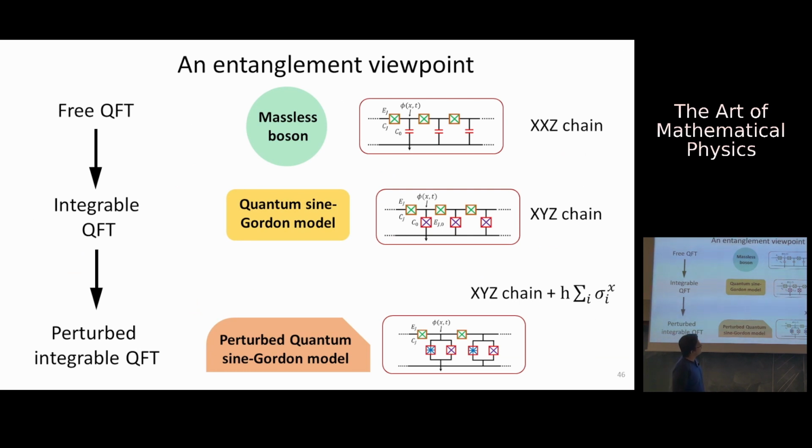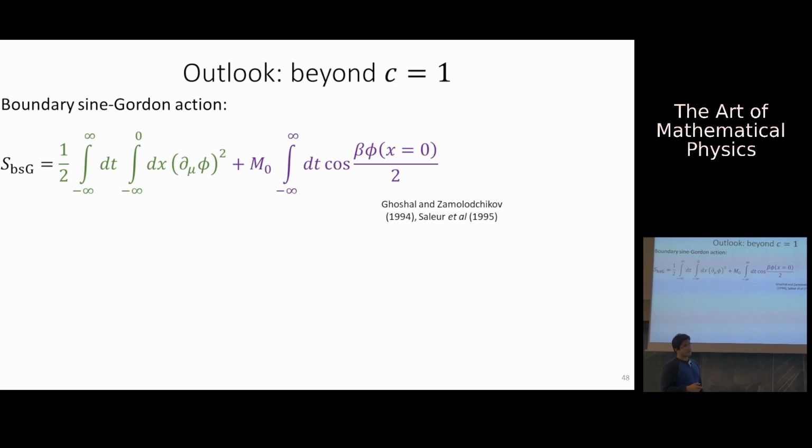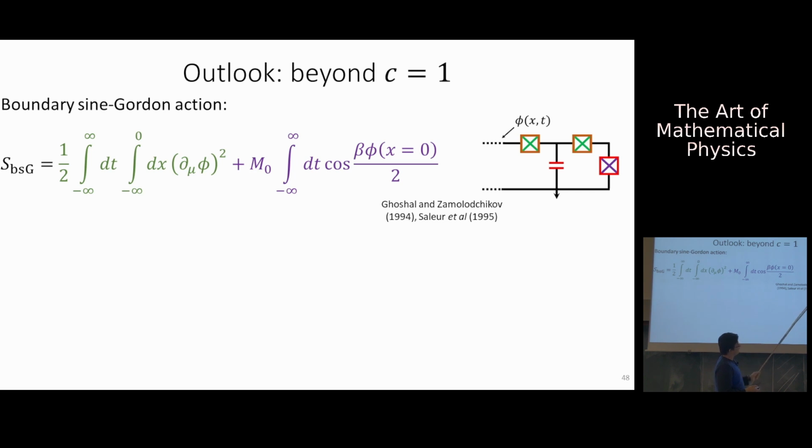I will just now show you some models that we are looking at now, which can be viewed as extensions of some of the works that we have done. So our goal has been to realize models which go beyond the free boson theory, and so this was the boundary sine-Gordon model that I showed you to start with, and this is the quantum circuit for it.